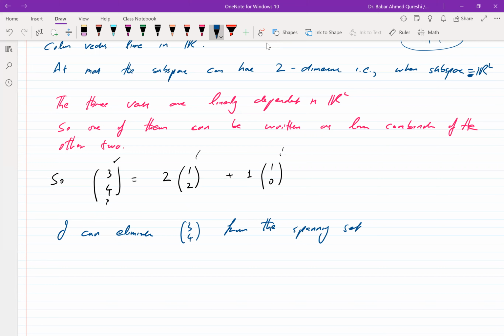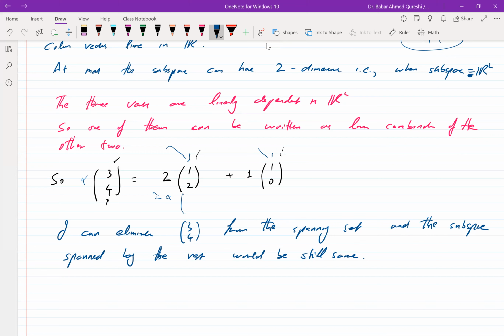And the subspace spanned by the rest would still be the same, because you don't even need it in the spanning: whatever you span with this vector can also be spanned using these two, since multiplying it with some number is just equal to taking a linear combination which you can directly make using these vectors.